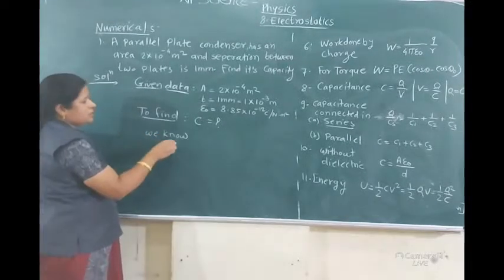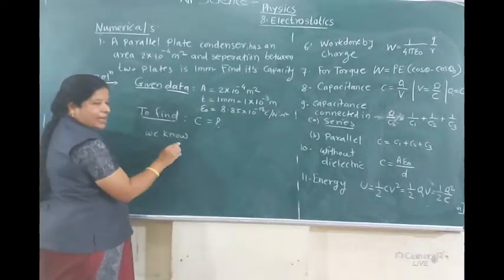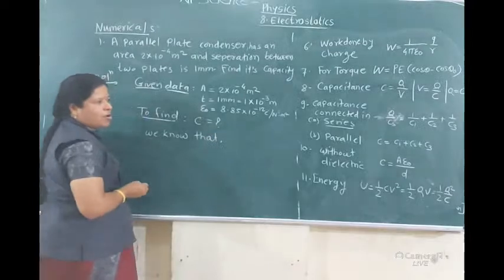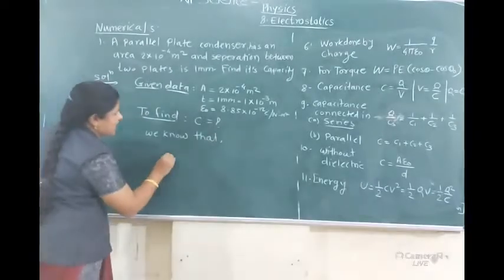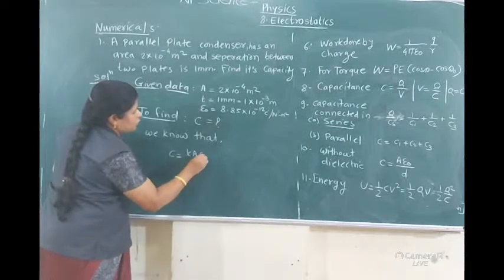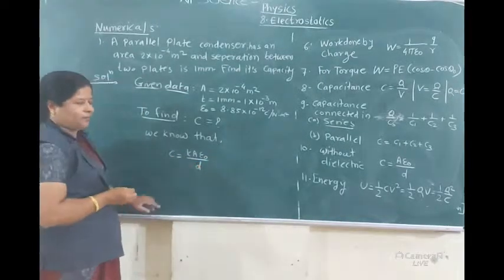While solving this numerical, we have to write the formula first. So we know the formula: C is equal to K A epsilon 0 divided by D.